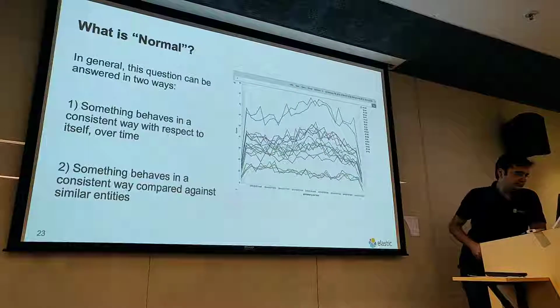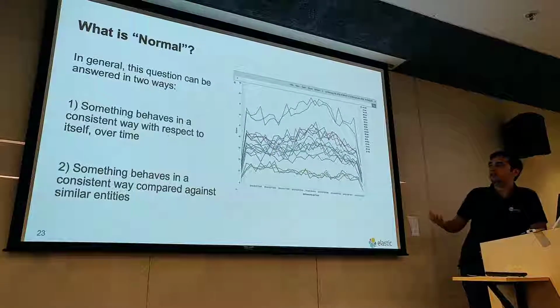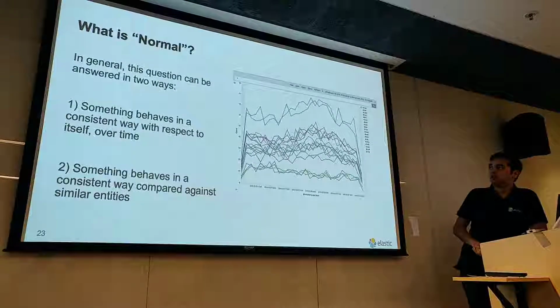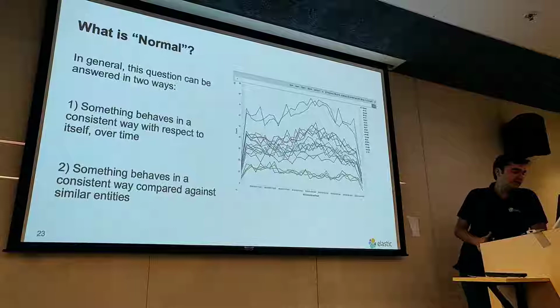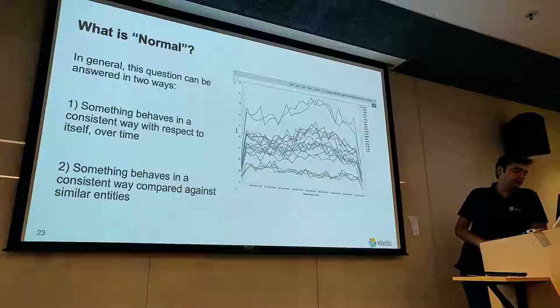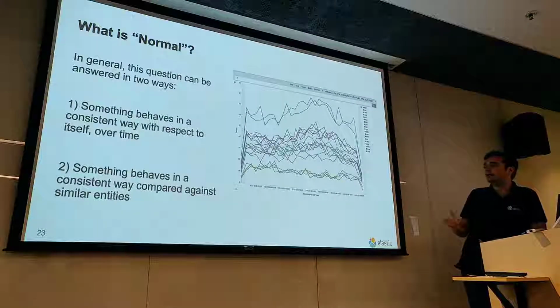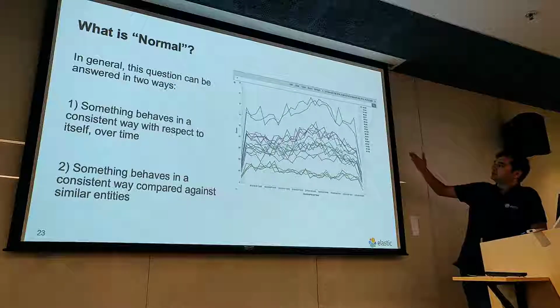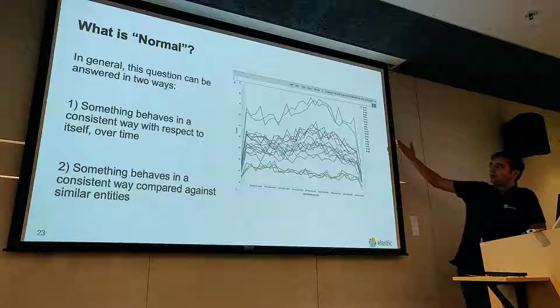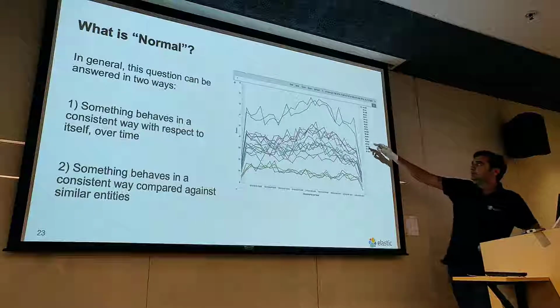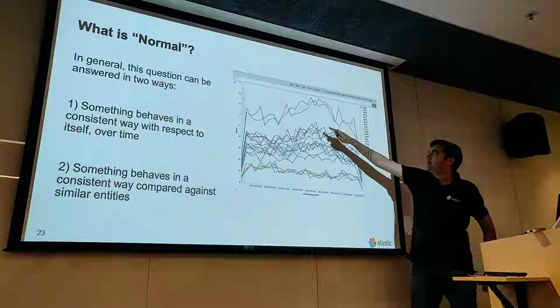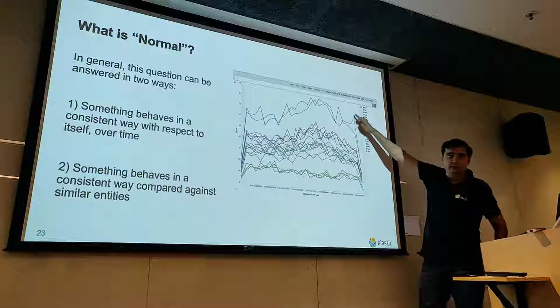So what is normal? Something behaves in a consistent way with respect to itself over time, or something behaves in a consistent way compared to similar entities. One aspect would be these are different airlines. There's a spike for a particular airline, but it's pretty normal.